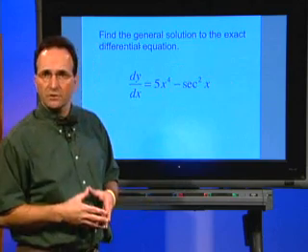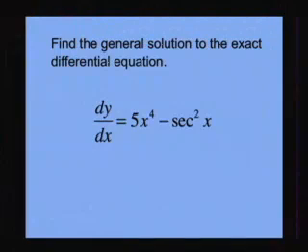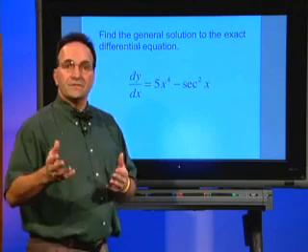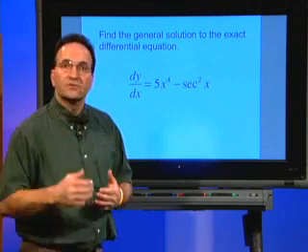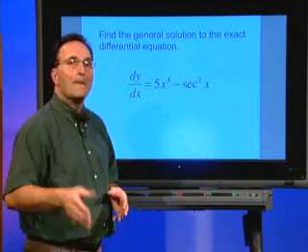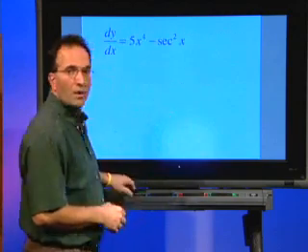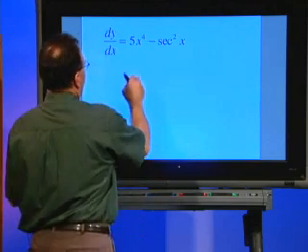Find the general solution to the exact differential equation given by dy/dx equals 5x to the fourth minus secant squared x. The solution to this particular problem is the antiderivative. And so what we're going to do is find the antiderivative of 5x to the fourth minus secant squared x. So let's do that now.